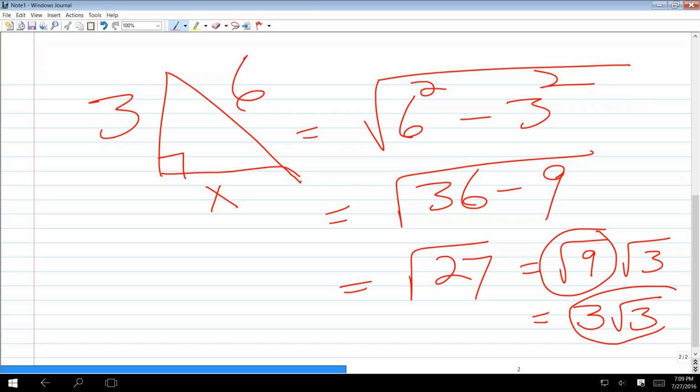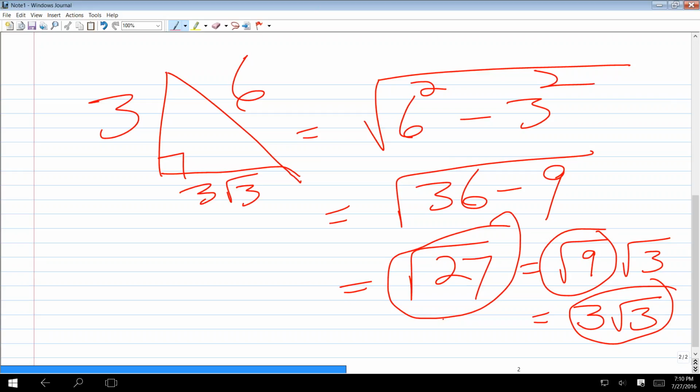So this is actually our final answer. You would never, ever give the square root of 27 as an answer in mathematics. You always simplify if you can. So this side is 3 root 3. It isn't square root of 27. If you put those two numbers into a calculator, you'll get the same thing.